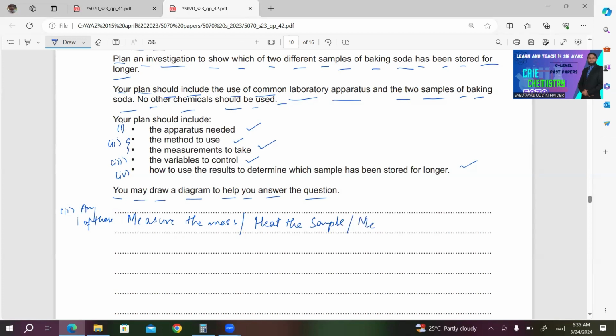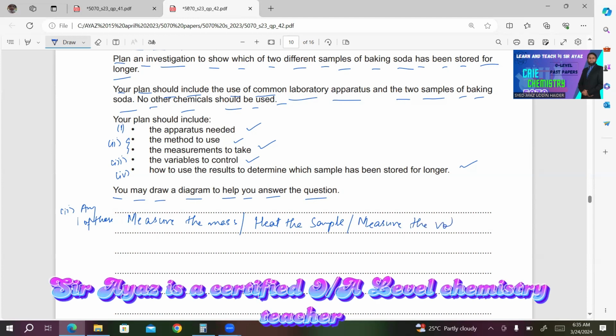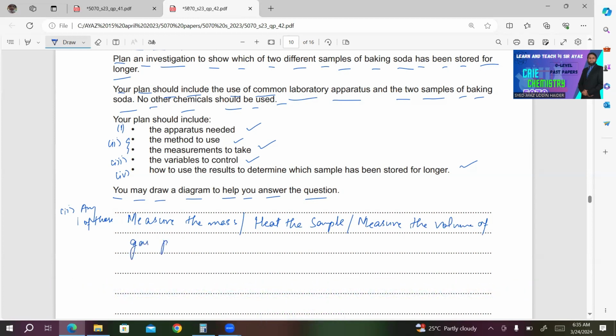Then measure the volume of gas produced. Or measure the time to turn lime water milky.